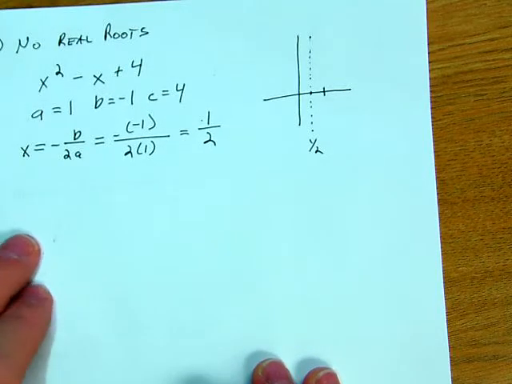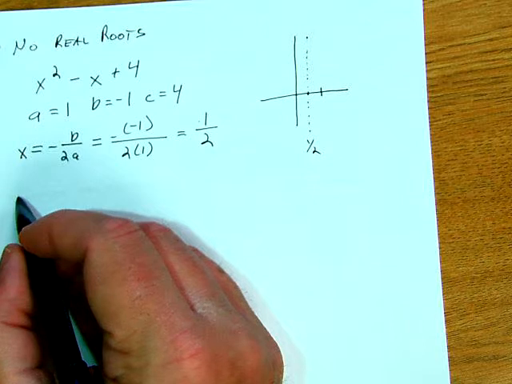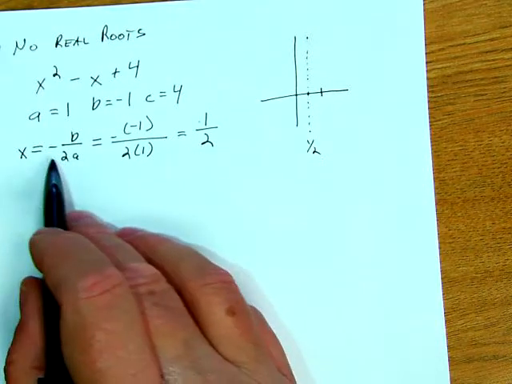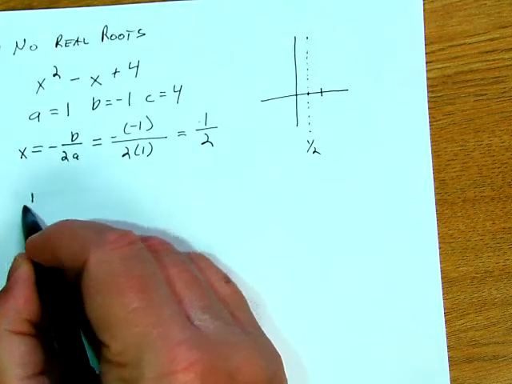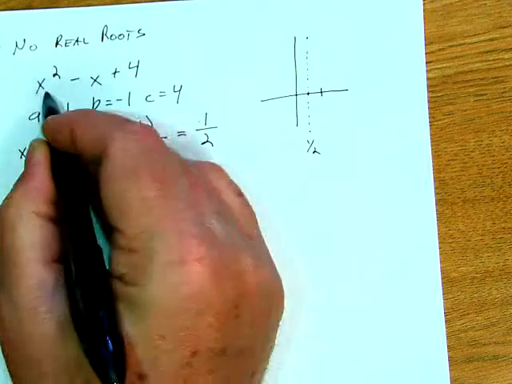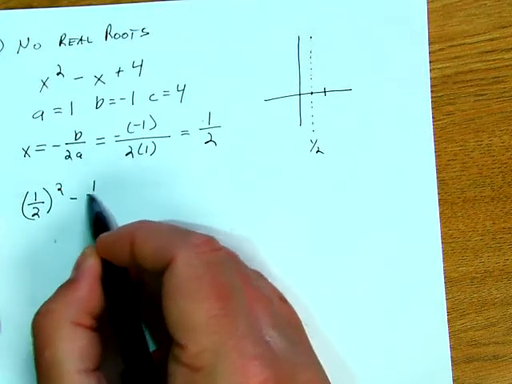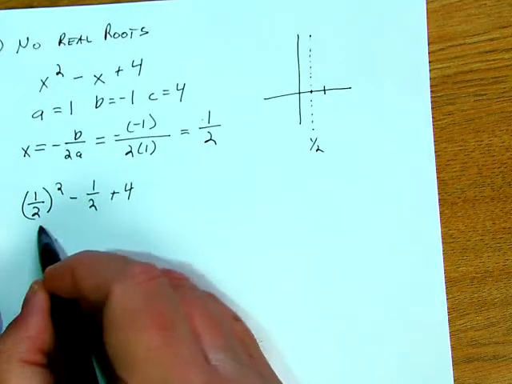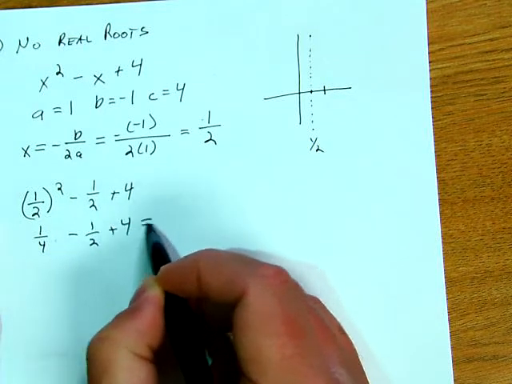Now, having said that, I've got to find the vertex. Once again, the vertex is taking the equation you have and setting the axis of symmetry's x value in there. So it's 1/2. Replacing x in this equation with 1/2, I get 1/2 squared minus 1/2 plus 4. 1/2 squared is 1/4, minus 1/2, plus 4.